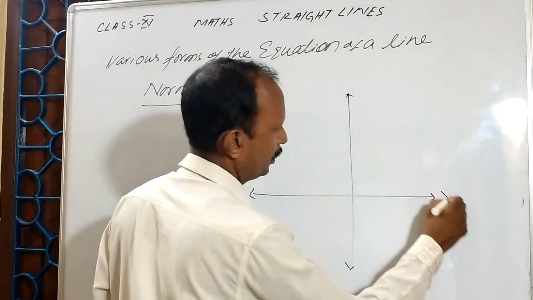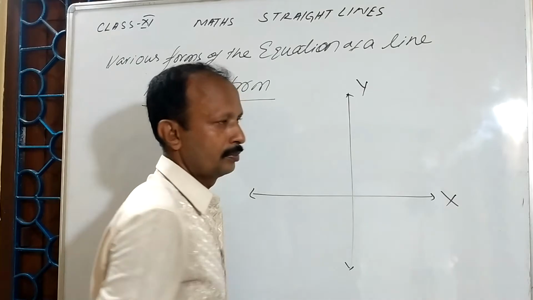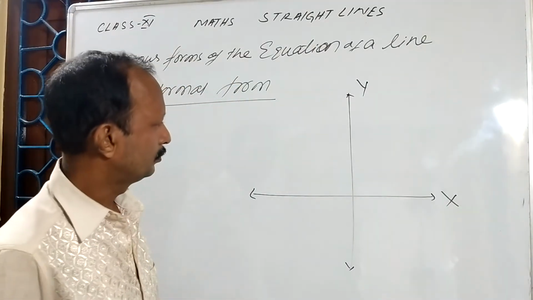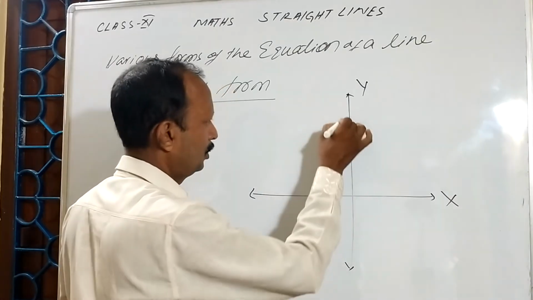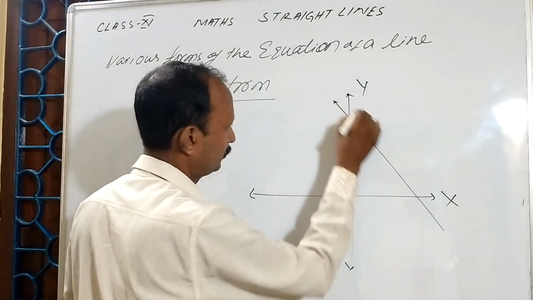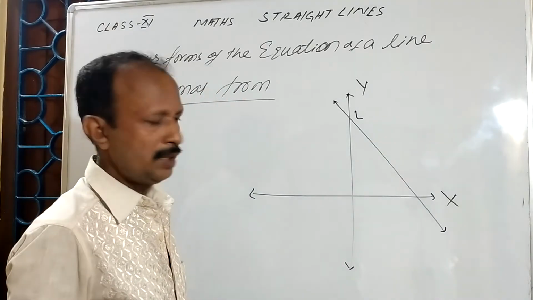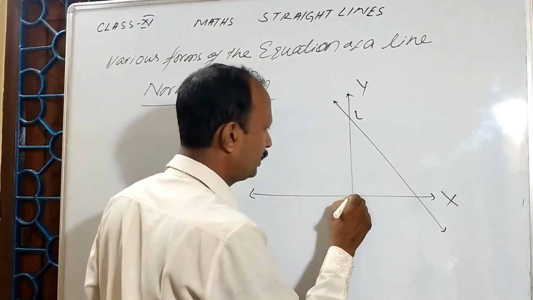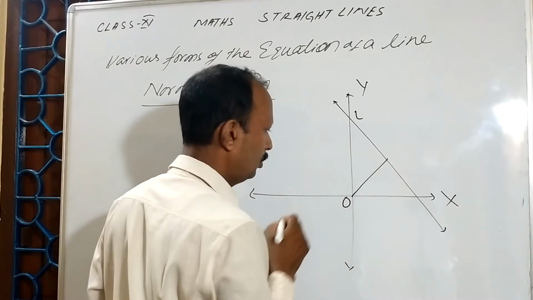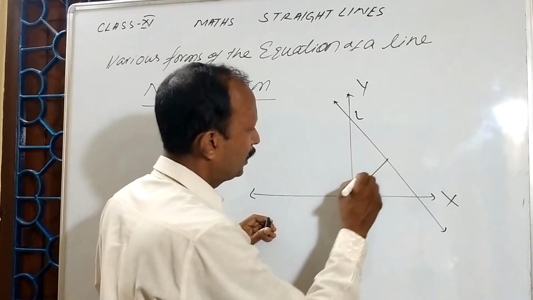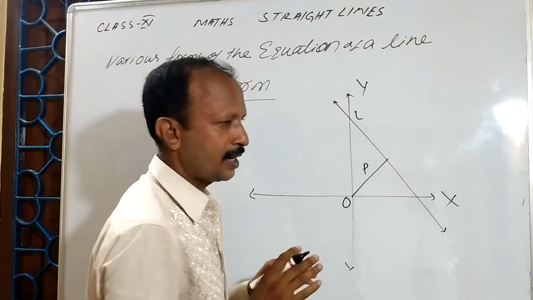This is the x-axis, this is the y-axis. Now, in this case, one line is given. This line L is given. Perpendicular distance from the origin is given. This is the O, O is the origin. From this origin, this perpendicular distance is given.